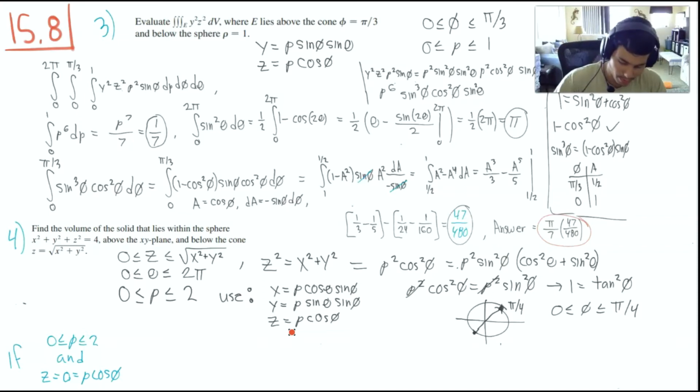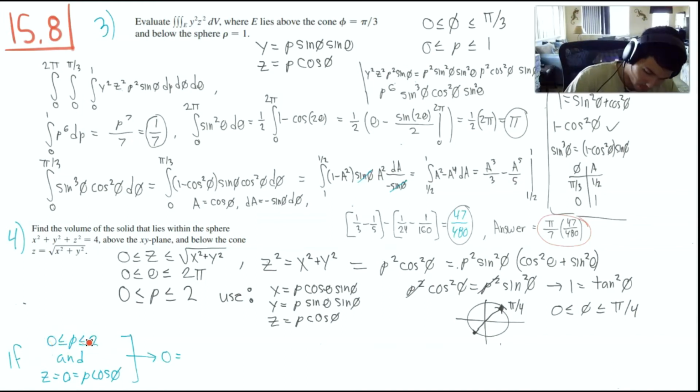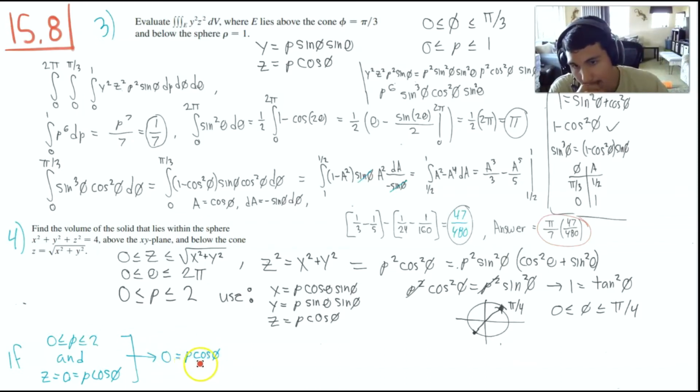Let's just use what we have in common here. So if z is equal to 0, I'm going to write 0, and if rho is equal to, let's just write rho actually. So if z is equal to 0, then 0 is equal to this, right? And I need an angle phi that produces this result, okay?